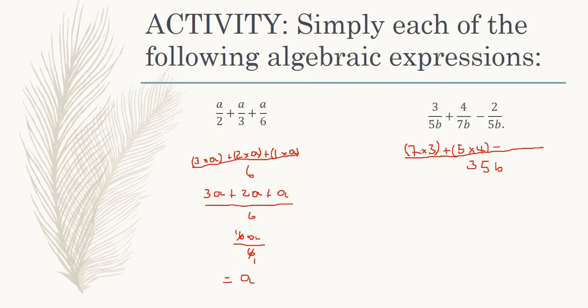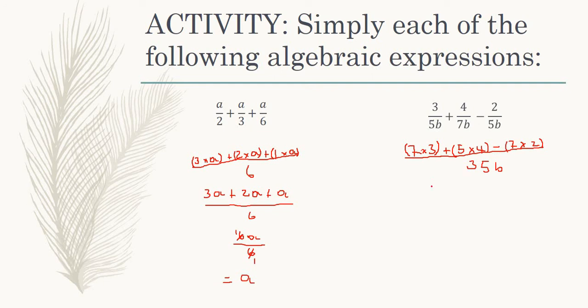And then, again, the b will cancel out b, so how many groups of 5 can you get out of 35? It's going to be 7, and we take that 7 to multiply our numerator of 2. And you ensure that you place it in a bracket, right? Then now we carry out the multiplication.